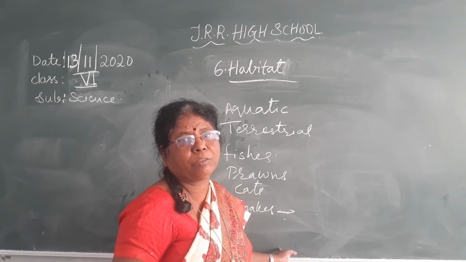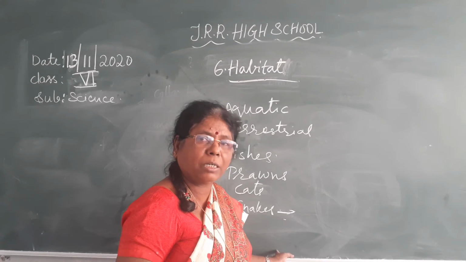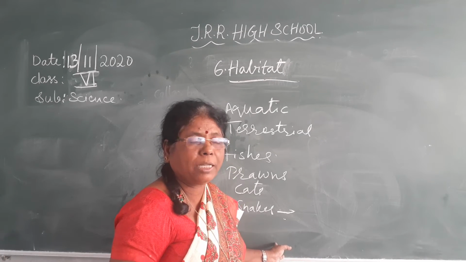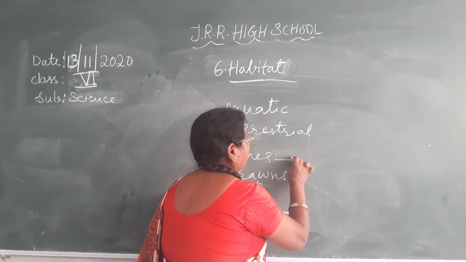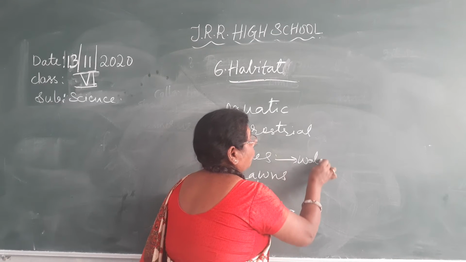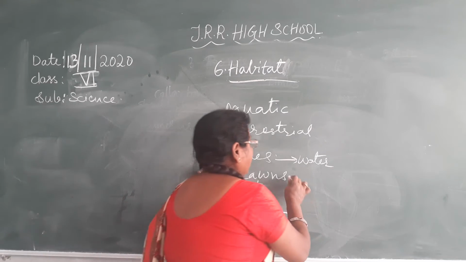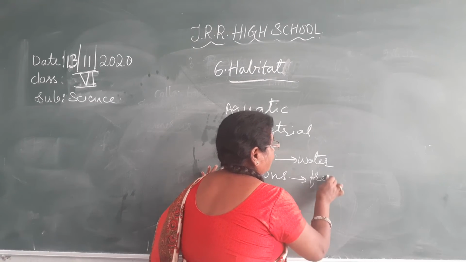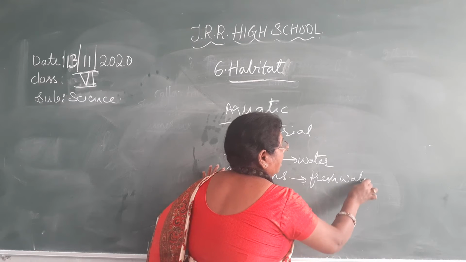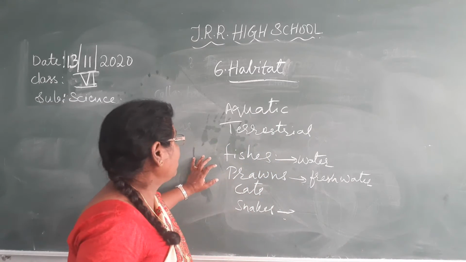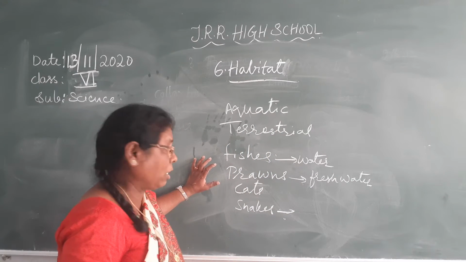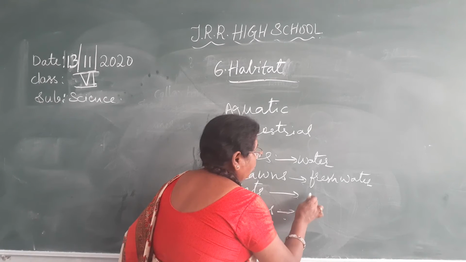Snakes can survive in water, on the ground, under the ground also, on the trees also. Fishes live in water only. So water is a habitat for fishes. Prawns you will get in fresh water. So water is a habitat for prawns. Where you keep the frog, where do you find it? So this lives on the ground.